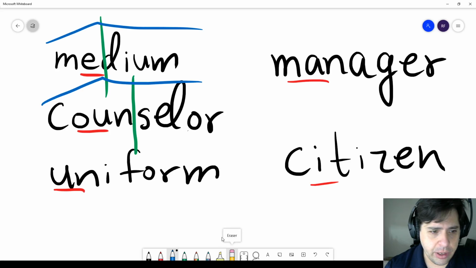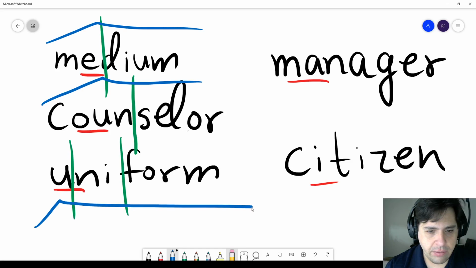Our third word will be split like this. Like that. Okay? Uniform. Okay? So our emphasis is in the beginning. Uniform. Uniform.